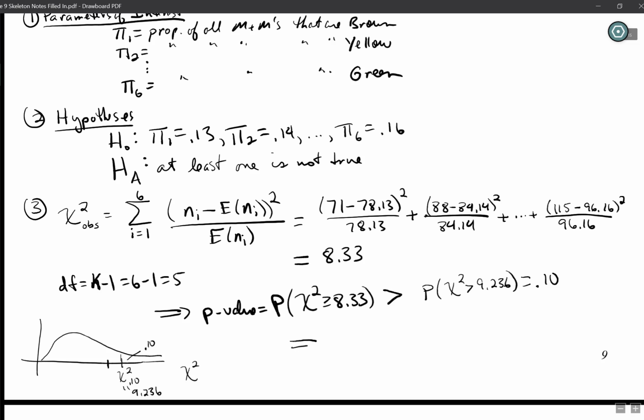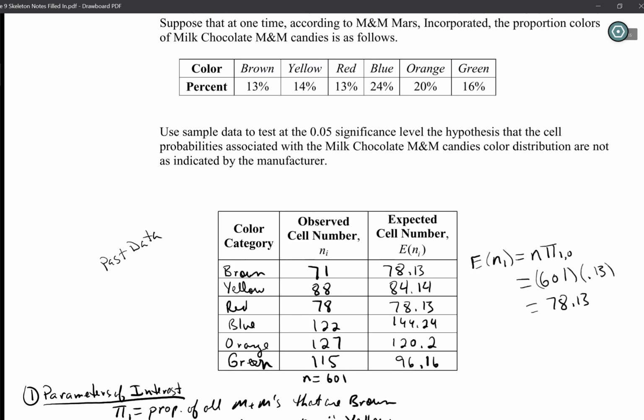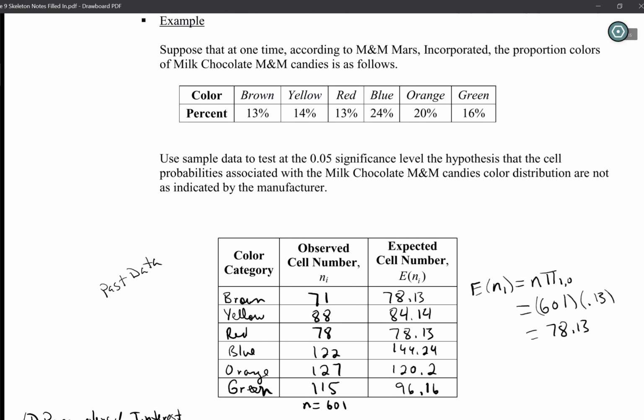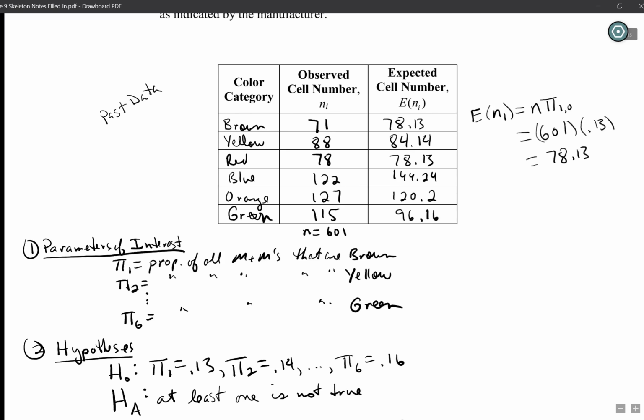Because my p-value is large, my decision would be to fail to reject H naught. In an interpretive statement, we have insufficient evidence to reject the color distribution claim by the hypothesized publication. That doesn't mean that these proportions are exactly correct. It just means that we don't have enough evidence to refute that.